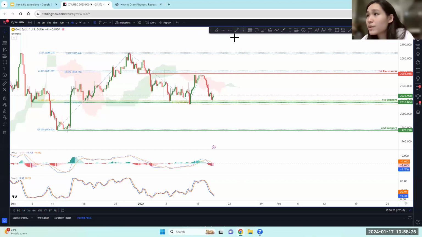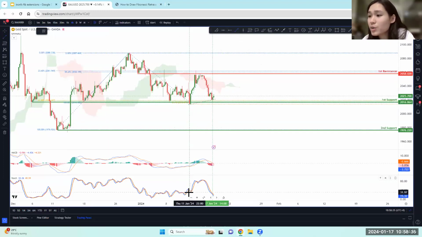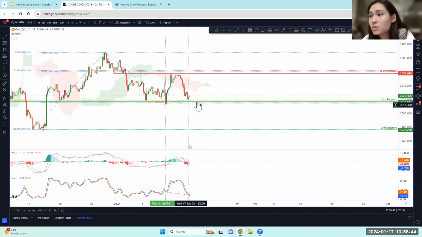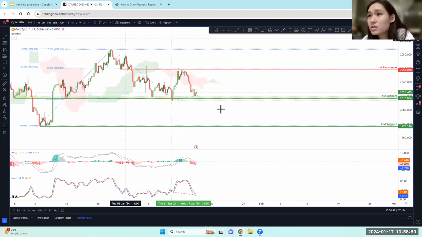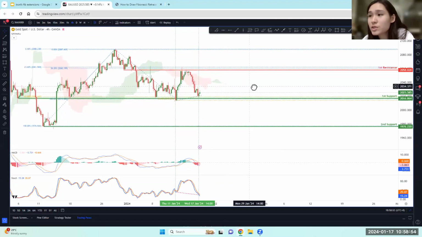We have a bit of divergence here. Price has made a higher high on our price chart, whereas on our stochastic, it's making a lower low. This is a bearish divergence and could suggest that price is going to continue to break below our first support.